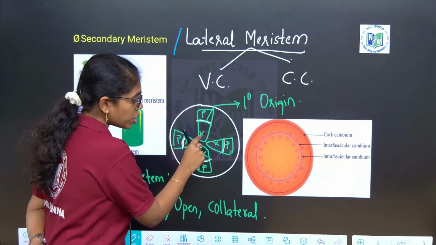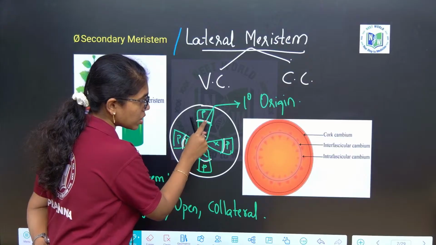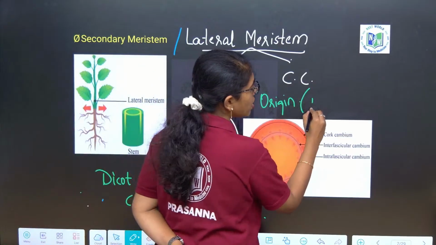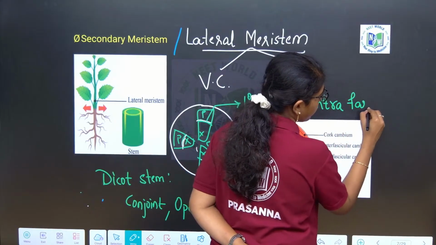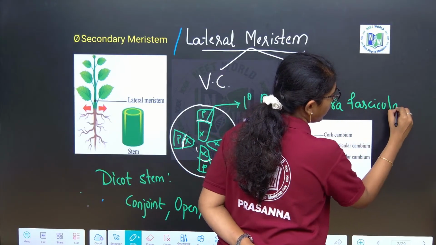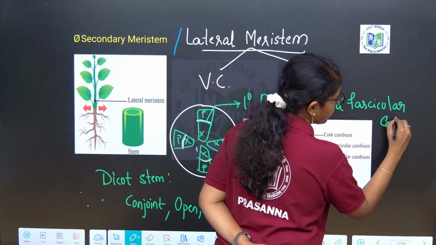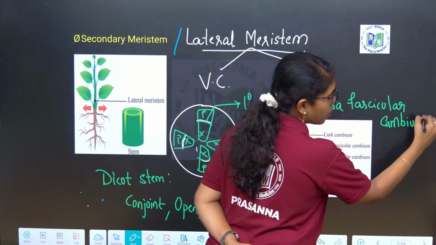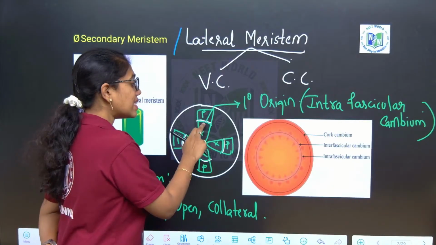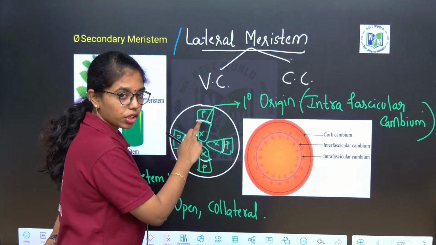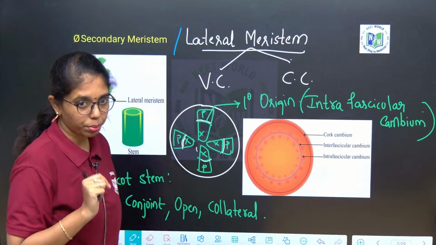The cambium which is present in between xylem and phloem is called intrafascicular cambium. Fine, this is present in between xylem and phloem. So, intrafascicular cambium is primary in origin, remember that.